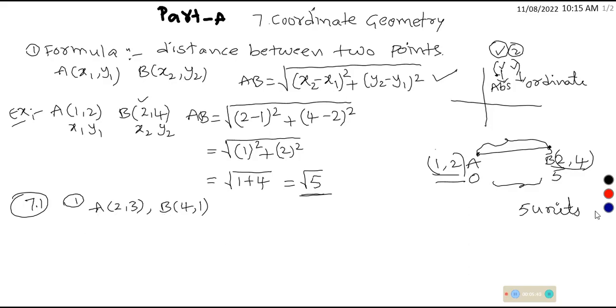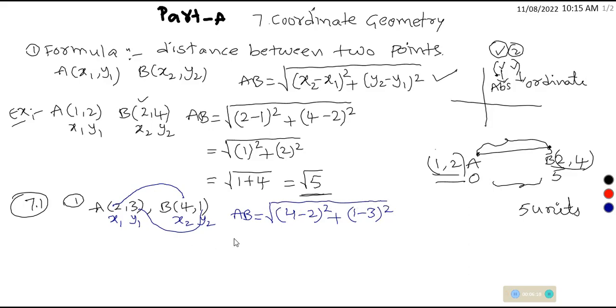Let us take here, this will be the x1 y1 and this is x2 y2. Now what will be the distance? AB is equal to square root of x2 minus x1, 4 minus 2 whole square, plus y2 minus y1, 1 minus 3 whole square. Root will be the total.